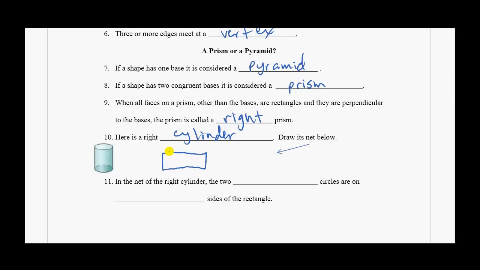The circles, or the top and bottom of that cylinder, are then drawn on opposite sides of the rectangle. In the net of the right cylinder, the two congruent, meaning same or equal, circles are on opposite sides of the rectangle.